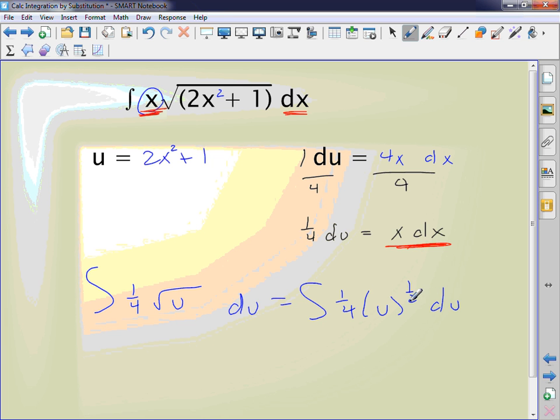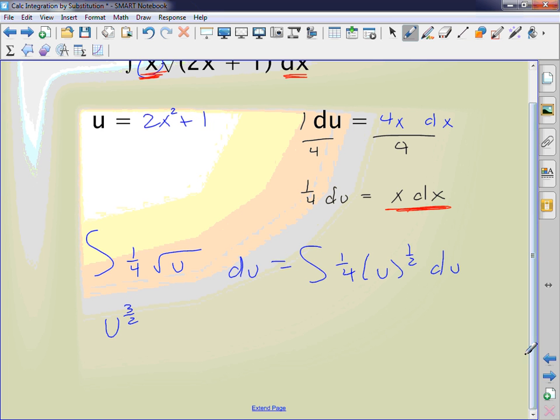Antiderivative. So I add 1. So it becomes u to the 3/2. Multiply by, oh, that's a 4 down here. Multiply by 2 times 3 plus c.